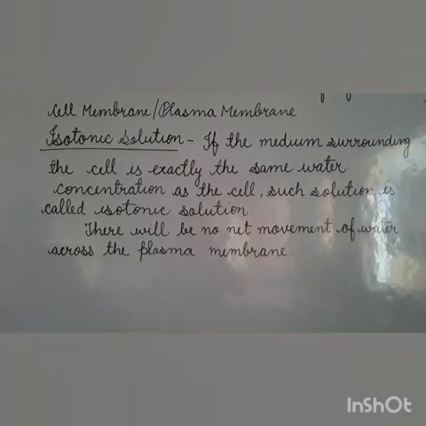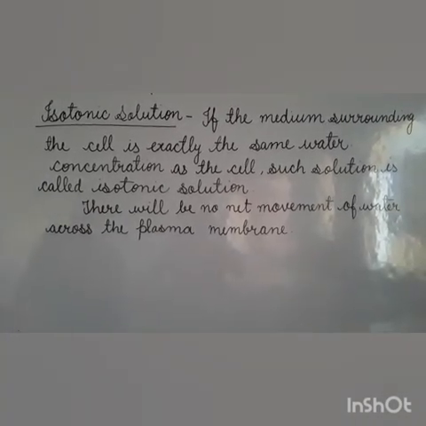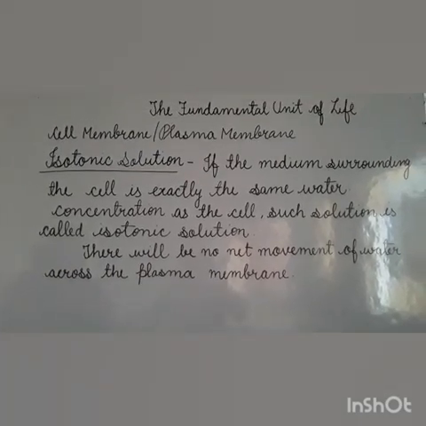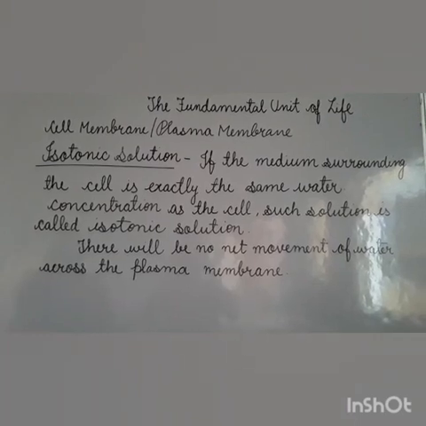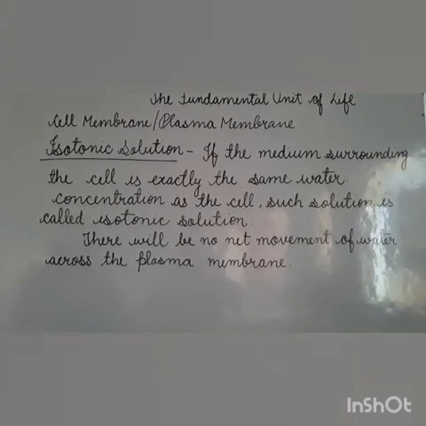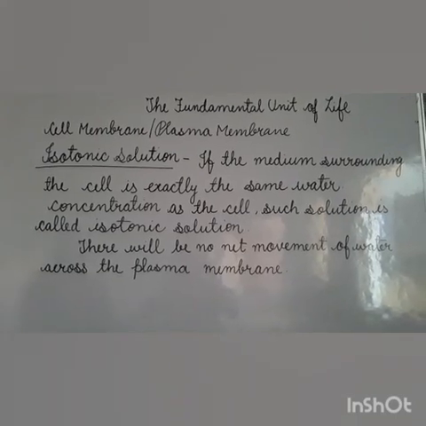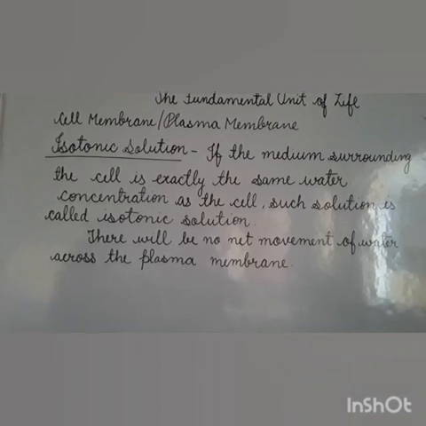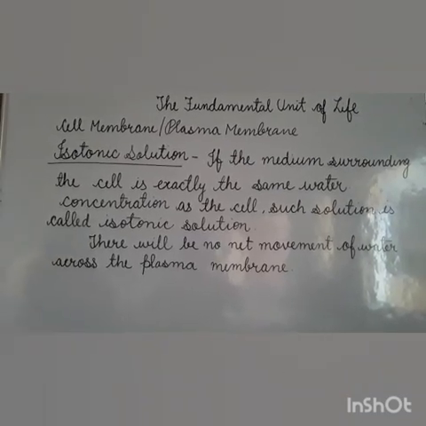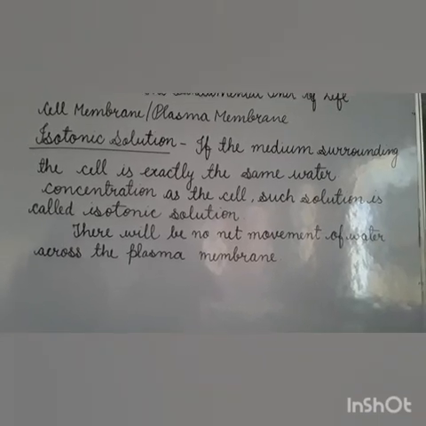So in this condition, if we keep a cell into an isotonic solution, what will happen? There will be no net movement of water across the plasma membrane. Means, see, water can move in both directions, inside the cell and outside of the cell. The amount of water coming out of the cell is the same as the water molecules going inside the cell through the plasma membrane.